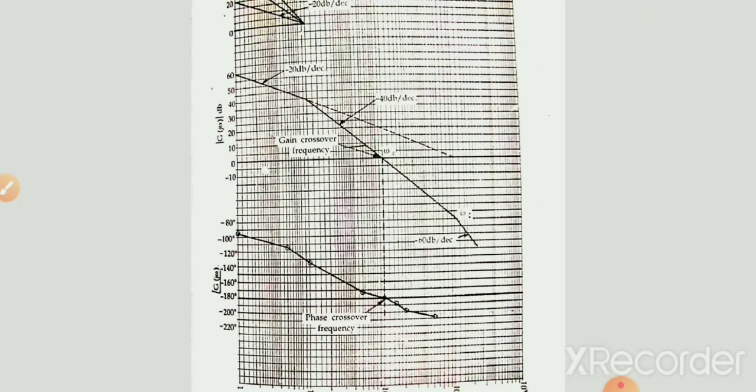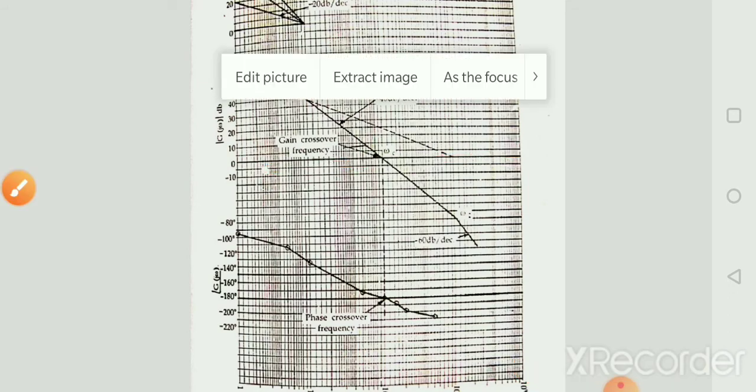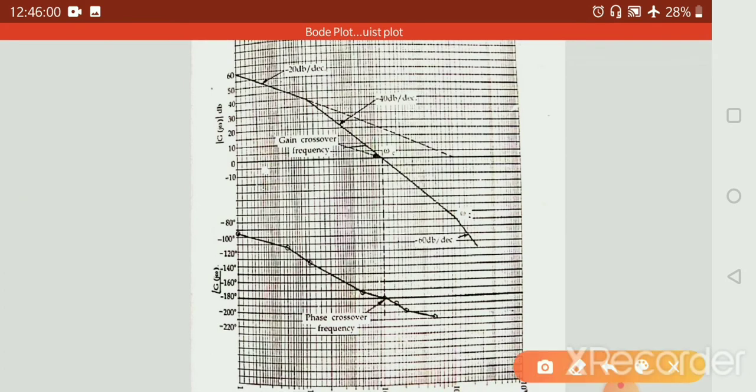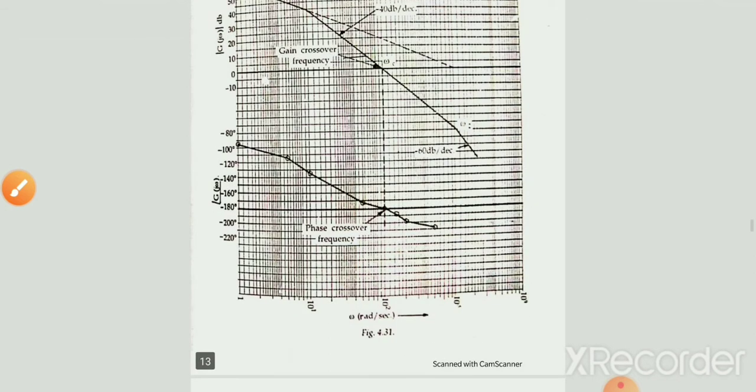Now that we have made the plot for both magnitude and phase, we have to find the gain cross frequency and phase cross frequency. At first we can see the magnitude curve cuts the 0 reference line here. When it cuts here, we draw a line, and the frequency is 100.